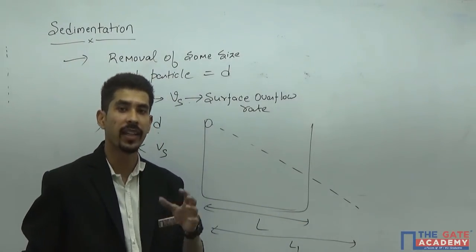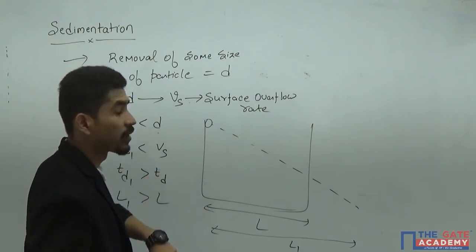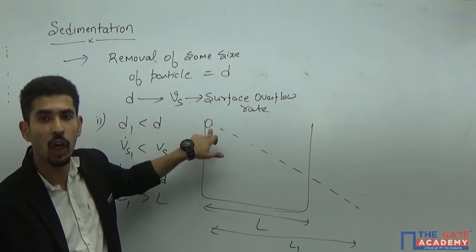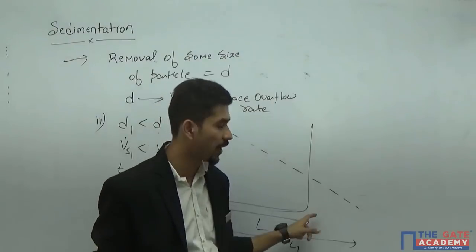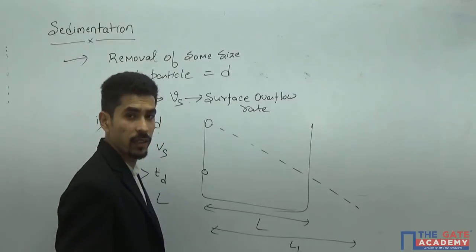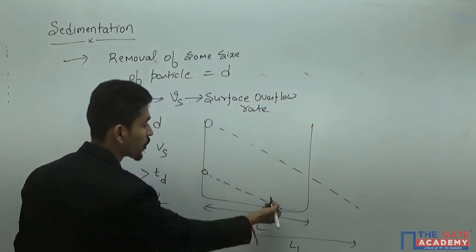But there are cases. It depends on where the particles are present. Like, if this particle is present on the top, it is requiring a length greater than L. Let us suppose if this particle is present here, there is a possibility that it can get removed somewhere here.